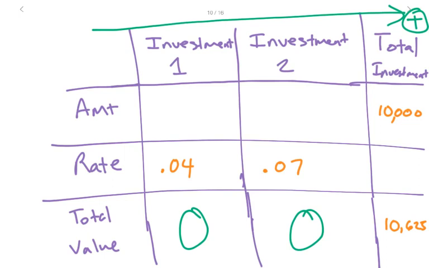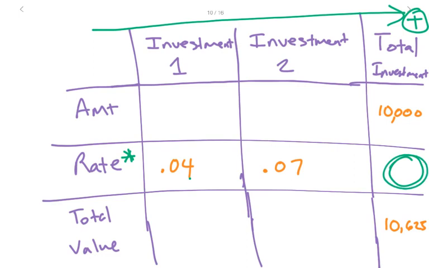Now, there's two things that we want to do here. So adding across, sorry. Rate is the one exception, because obviously if I add this rate and this rate together, it doesn't give me the overall rate, right? The overall rate would be some value between 4% and 7%, because part of it's at 4, part of it's 7.